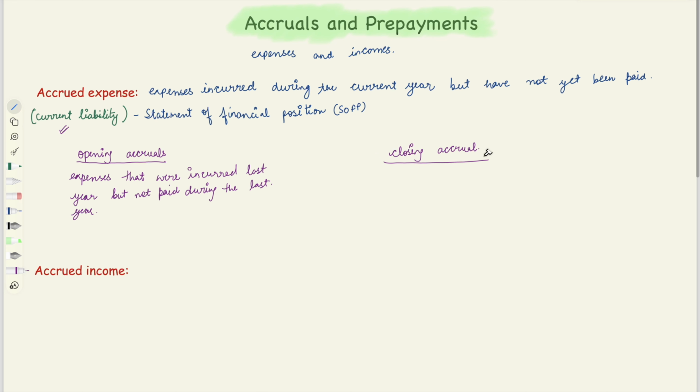And closing accruals are expenses incurred during the current year but not paid yet. Now this opening accrual is my opening liability. Closing accrual is my closing liability, because obviously when I make the payment for any expense, I will first pay the balance which is due before.